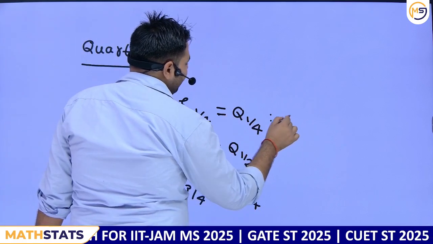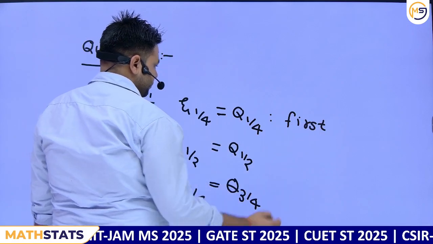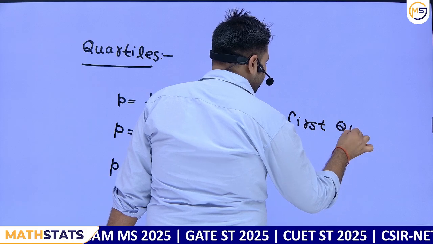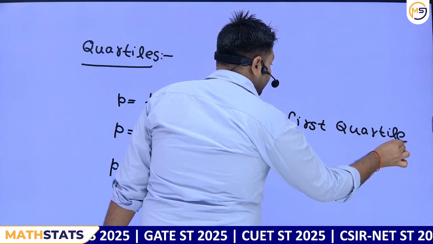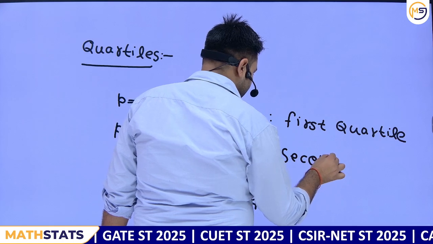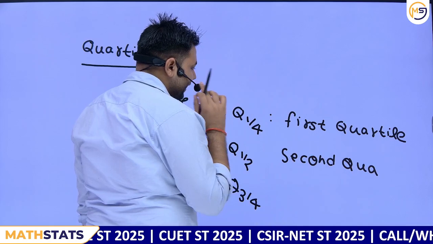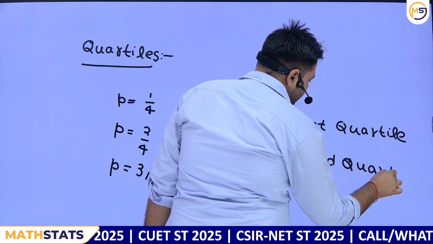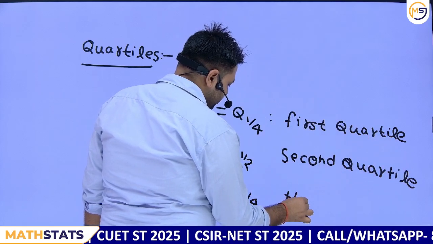The second quartile is also equal to the median.